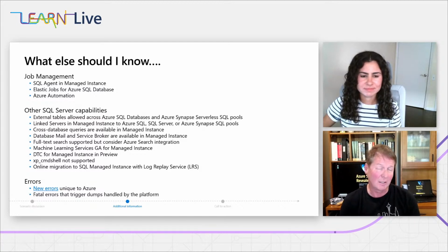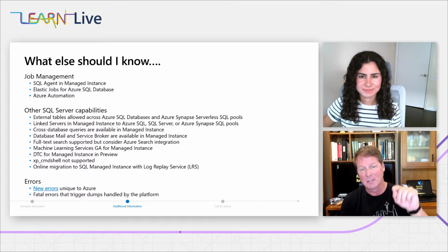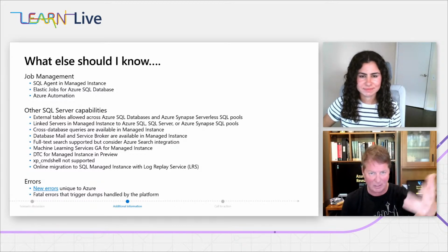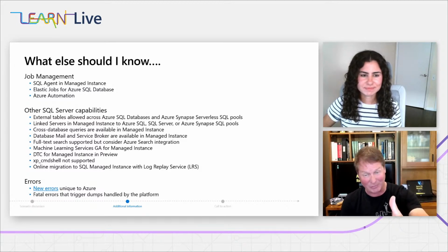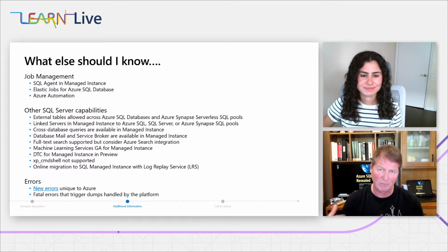Now we have, not the full, but the linked server capabilities for SQL-based providers in managed instance. And then look at the different options here. You can do linked servers to an Azure SQL VM database instance, a SQL Server, or even to Azure Synapse SQL pools themselves.